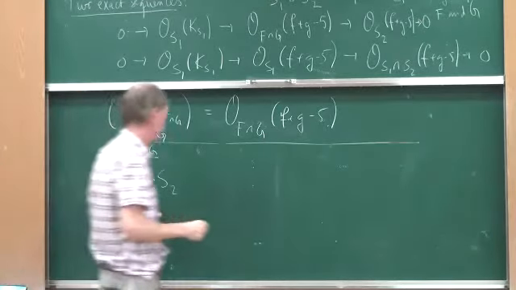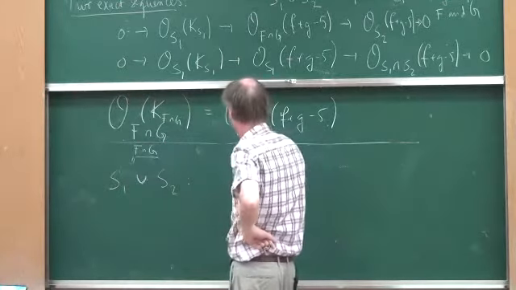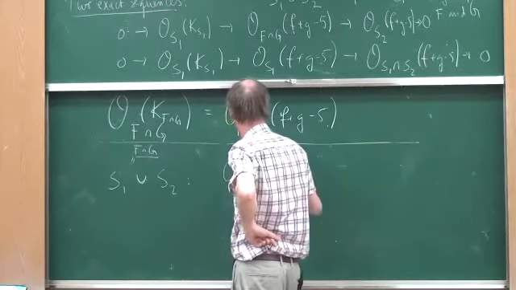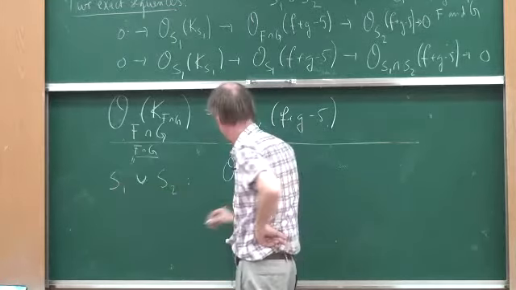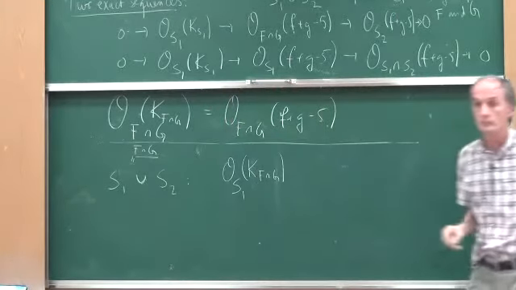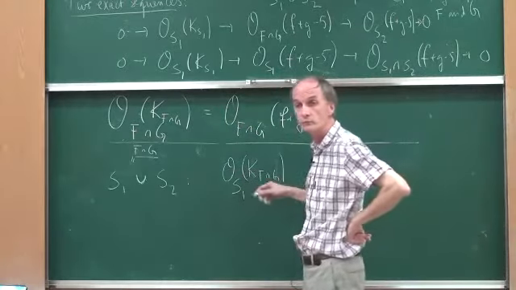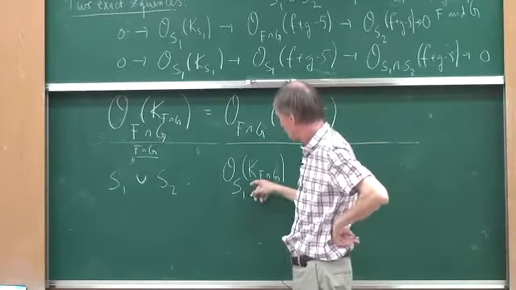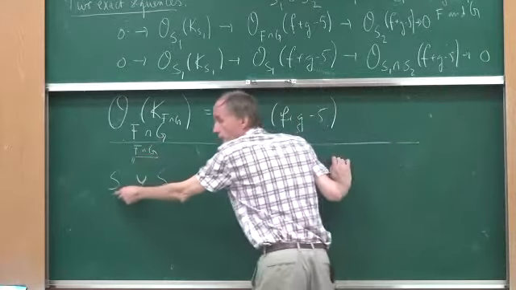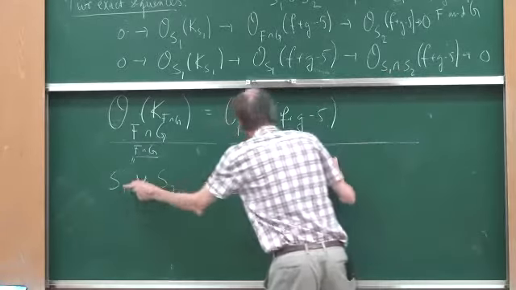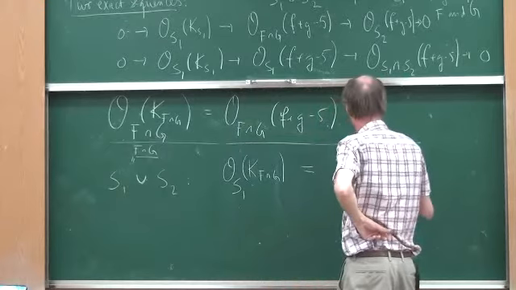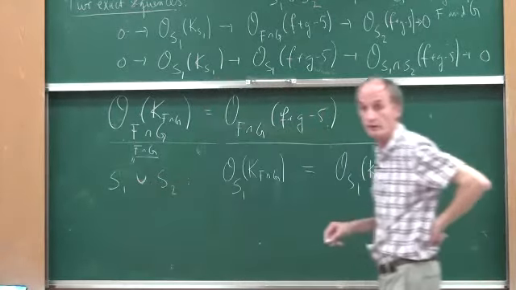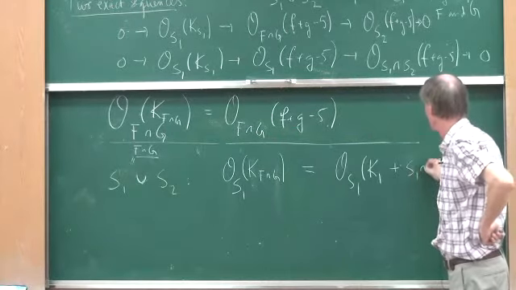So now if I take the restriction of the canonical divisor to S1, this as a divisor, then this here is equal to, when I restrict the canonical on the union to one of the components, I get the canonical on this component plus the intersection divisor S1 intersected with S2.